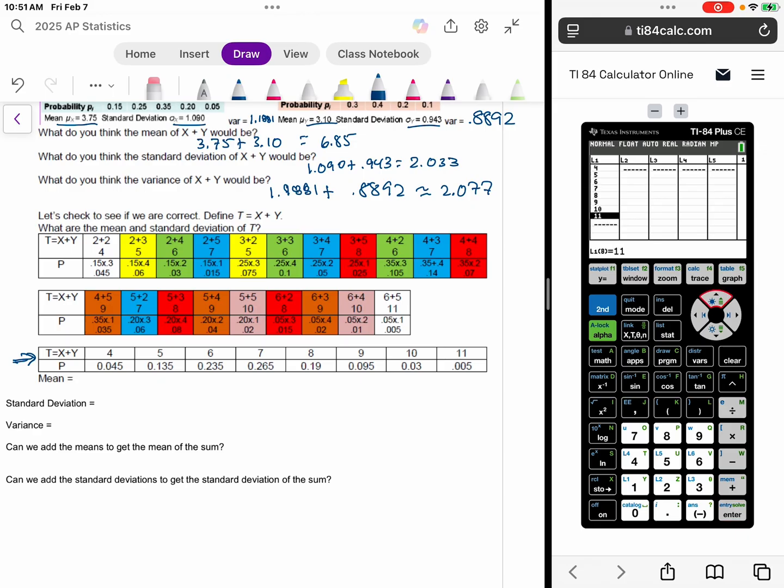Then go over here, and I say 0.045, 0.135, 0.235, 0.265, 0.19, 0.095, 0.03, 0.005.